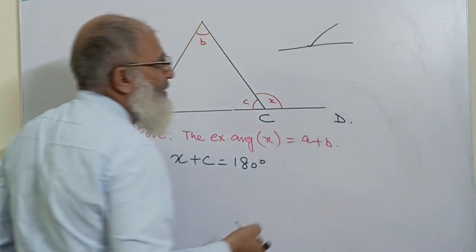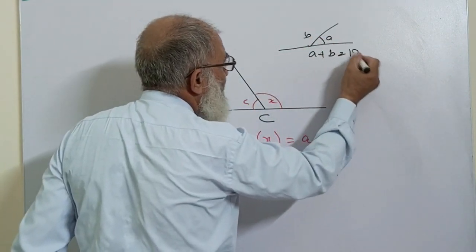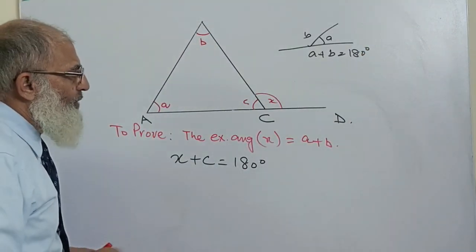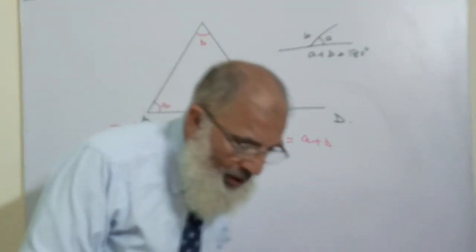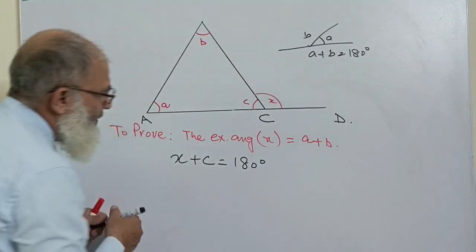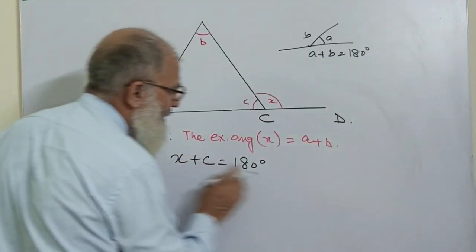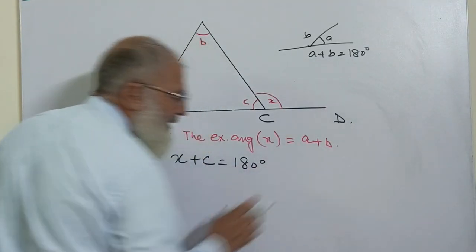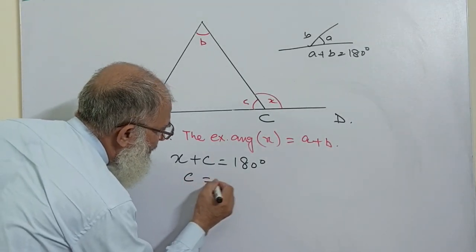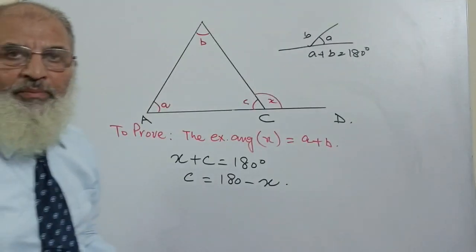Now this is angle A and angle B. Angle A plus B plus C is equal to 180 degrees. That I have told you earlier in my previous lectures. Now we can easily eliminate this X from here, and C is equal to 180 minus X. Simple algebraic method.